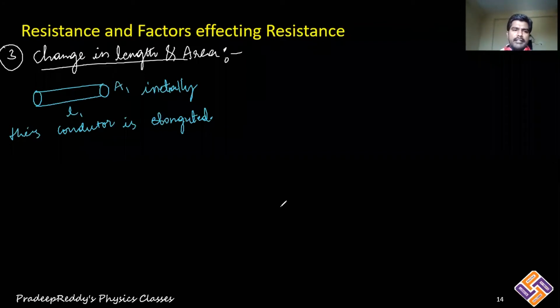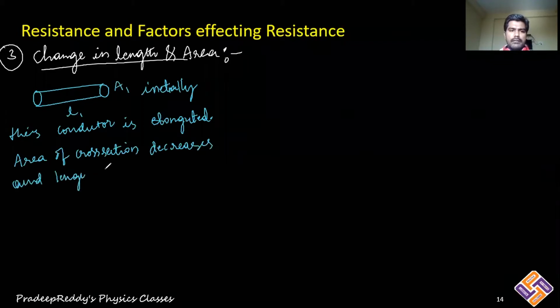When you elongate this conductor, what would happen to the conductor? Area of cross section decreases and length of the conductor increases, right?